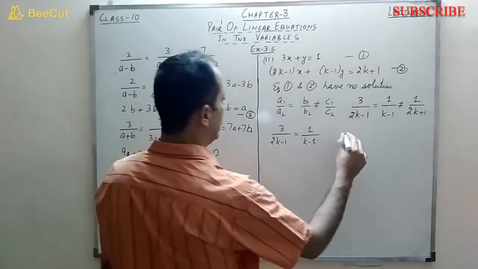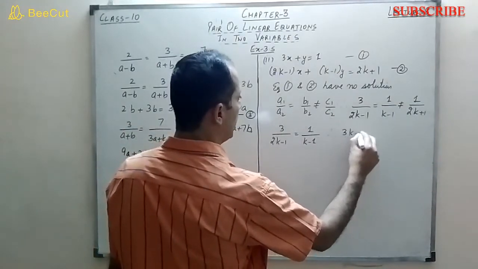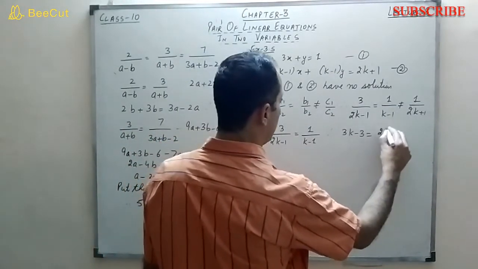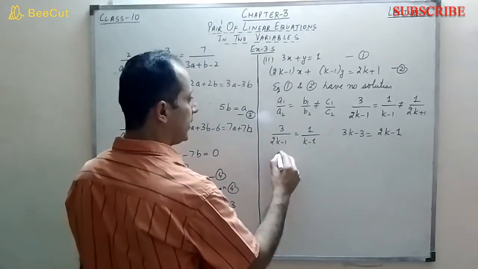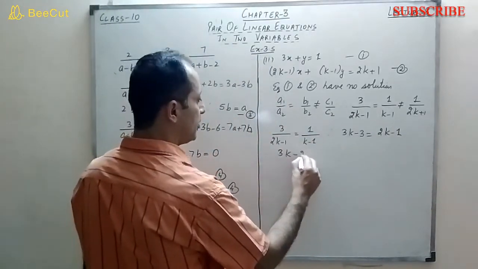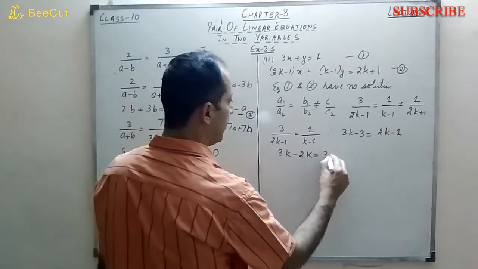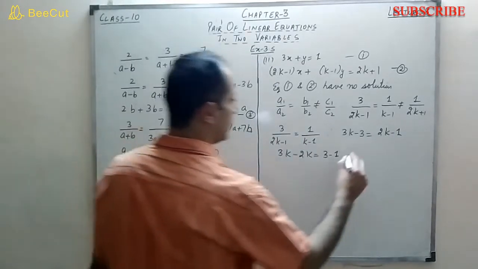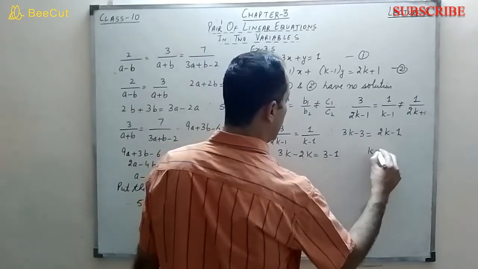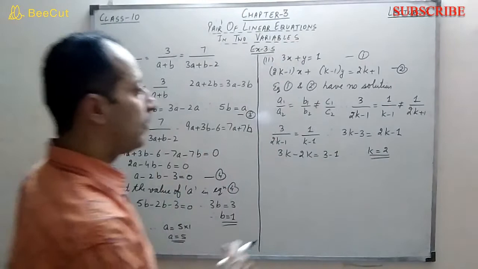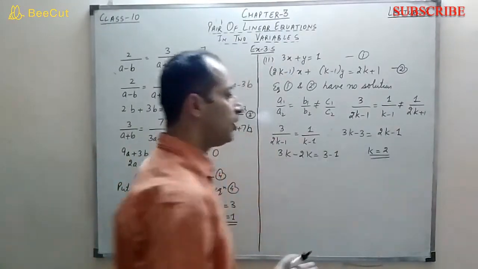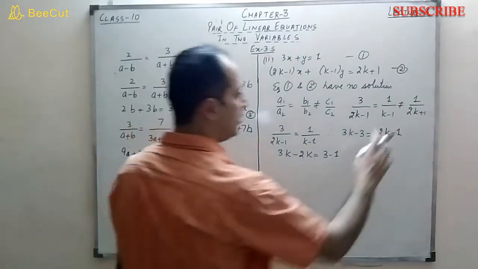Therefore, this is 3k minus 3 is equal to 2k minus 1. Shifting the k on the left side, this is 3k minus 2k is equal to 3 minus 1. So therefore, the value of k comes out to be 2. Now, from these two relations, the value of k comes out to be 2. Let's compare these two also.